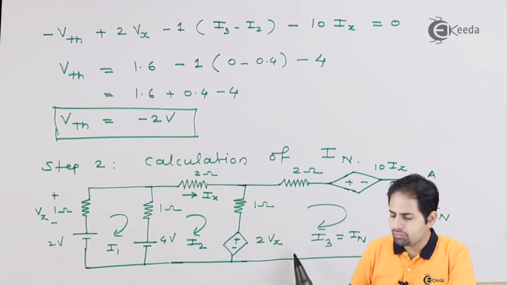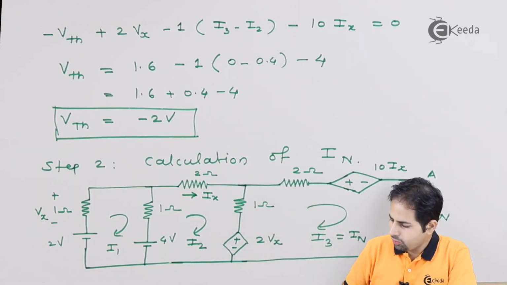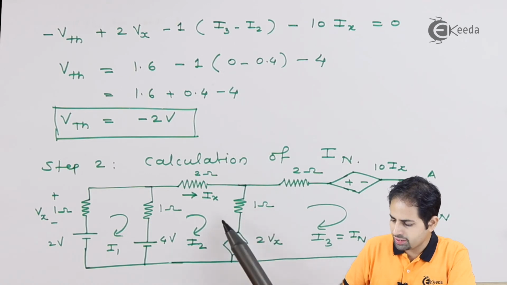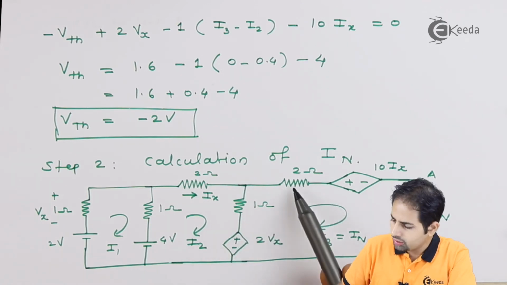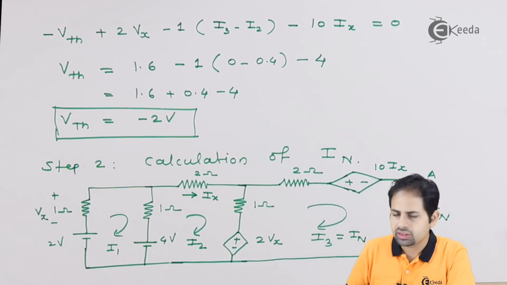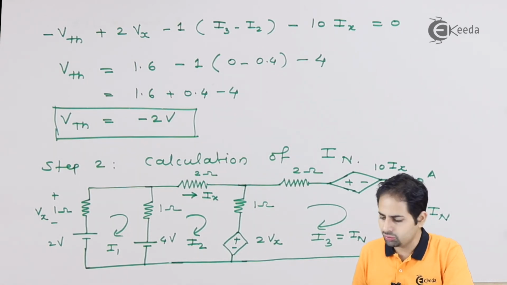So this is my loop number 3, and now I will apply KVL to this loop. You can see if I start from here, minus to plus will be positive, so plus 2 Vx minus 1 into I3 minus I2, then minus 2 into I3, then minus 10 into Ix, and so on. So we'll write that equation now.